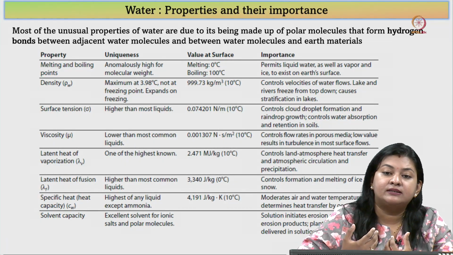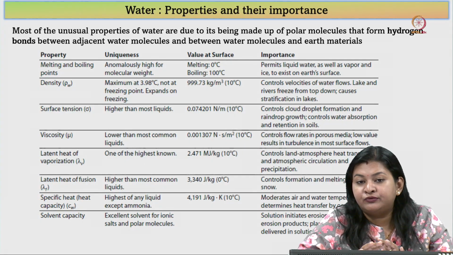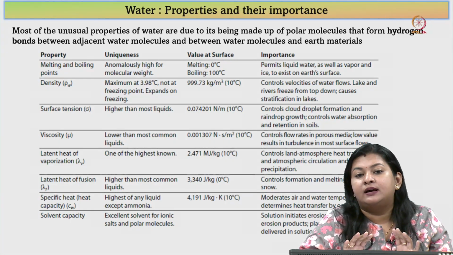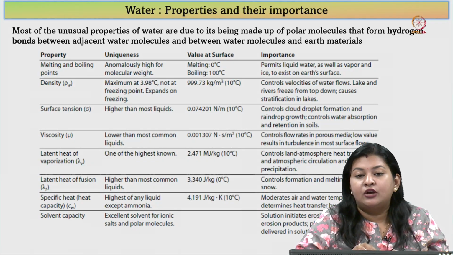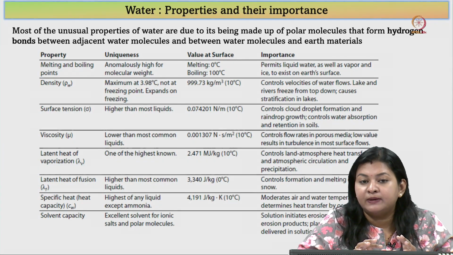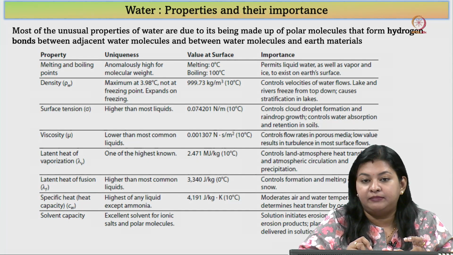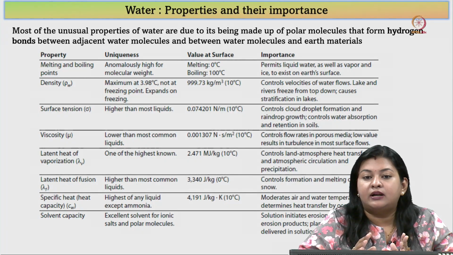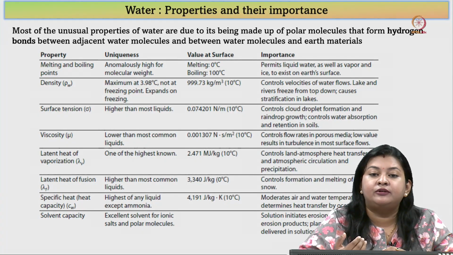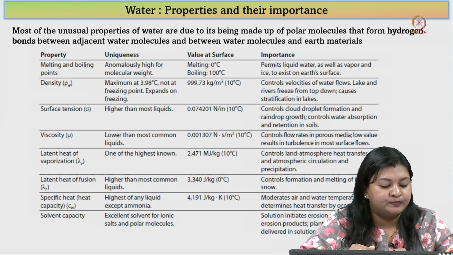And also when water is moving through a medium, such as inside the soil or through bedrock, what is the flow rate in those kinds of media? Viscosity is a very important parameter. If you are doing hydrology, groundwater hydrology, you would often be using this term called viscosity, and it is denoted as mu.